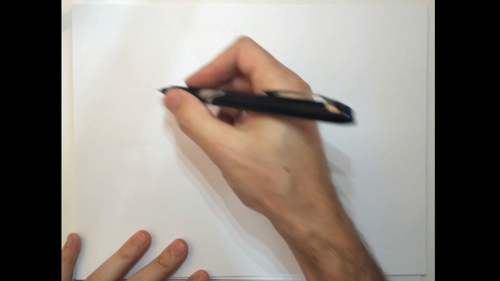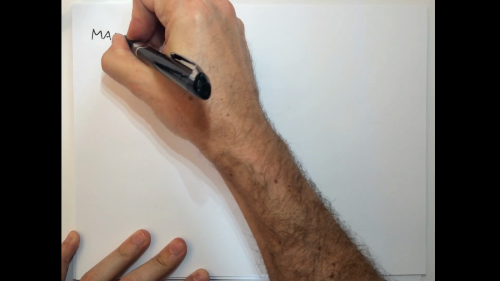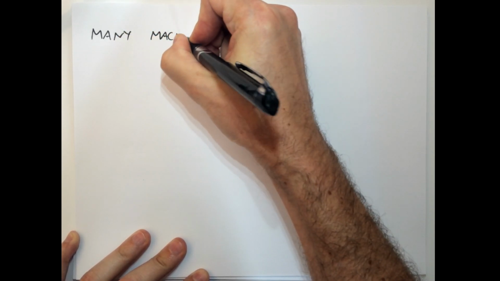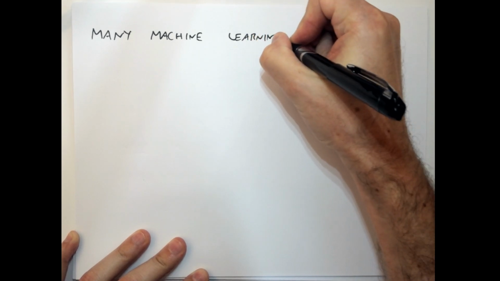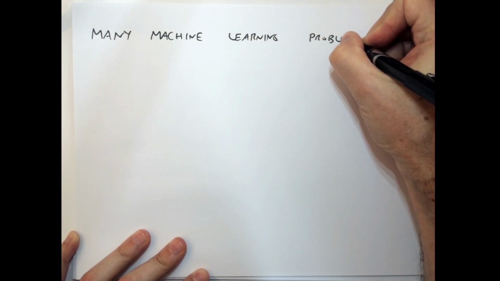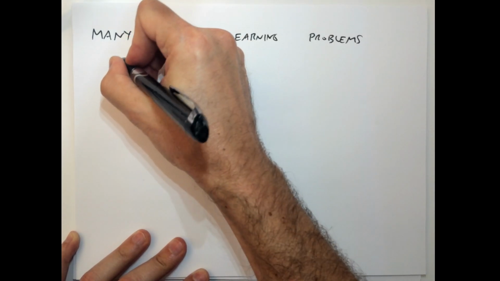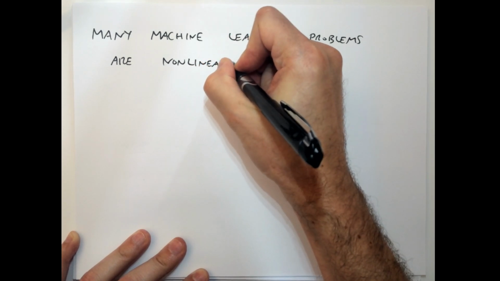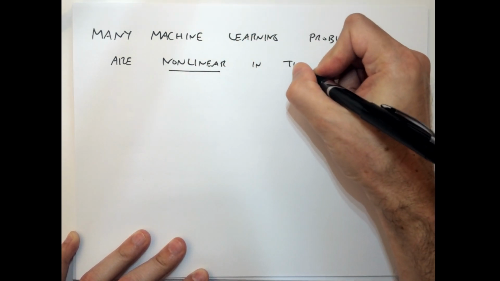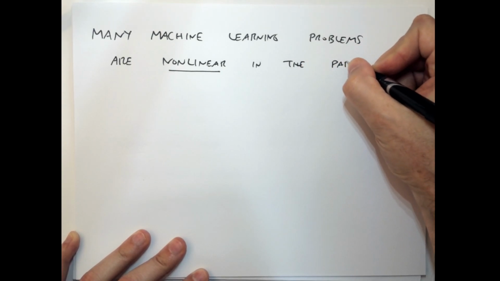So let's just say, many machine learning problems are nonlinear in the parameters that we need to solve.